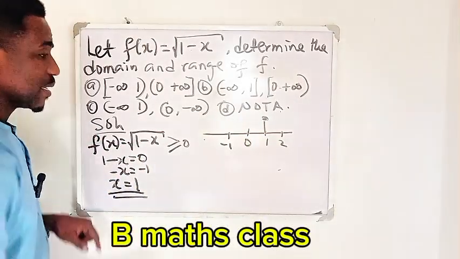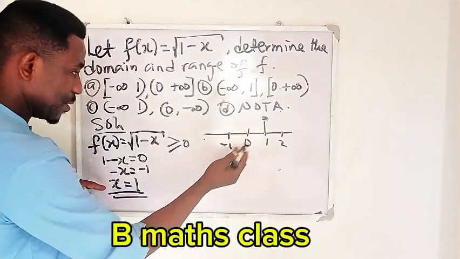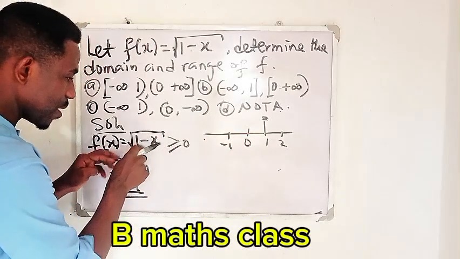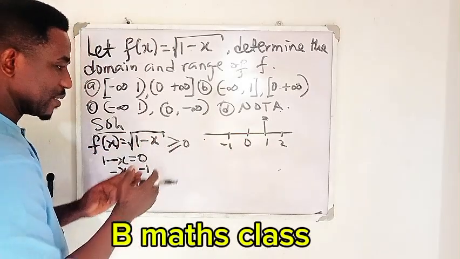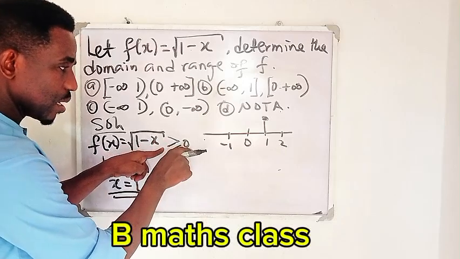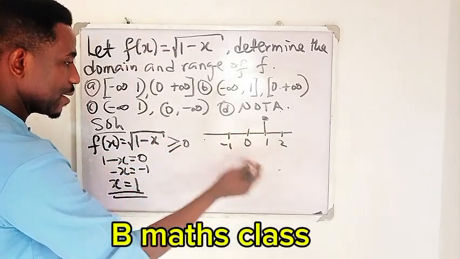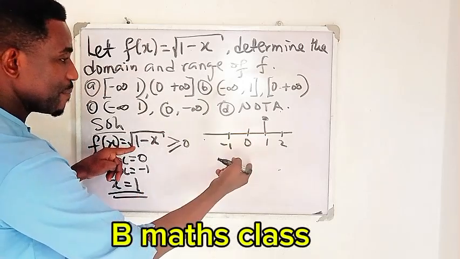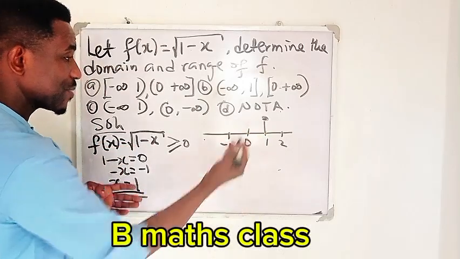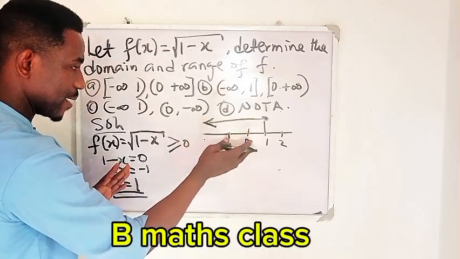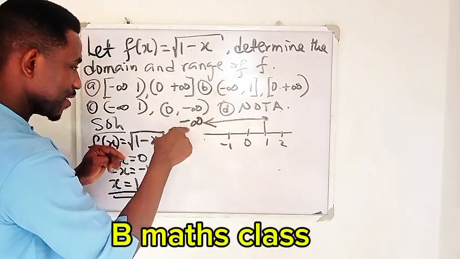Now, we go. You try putting 0 here, it is defined because 1 minus 0 is 1, which is greater than 0. So 0 is a member, minus 1 is a member. Everything down here is a member, going to negative infinity.